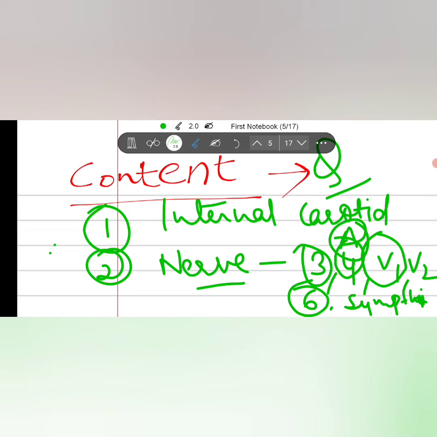These four nerves, 3, 4, 5 V1 division and 6, cross the cavernous sinus, are the content of the cavernous sinus, and pass through the superior orbital fissure to enter the orbit to supply the eye muscles, except V2, which passes through the foramen rotundum.